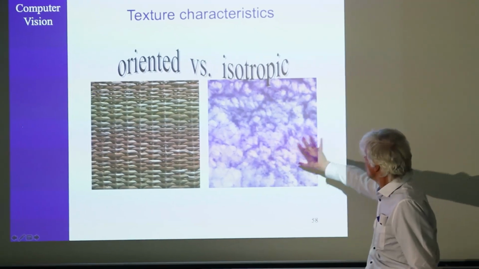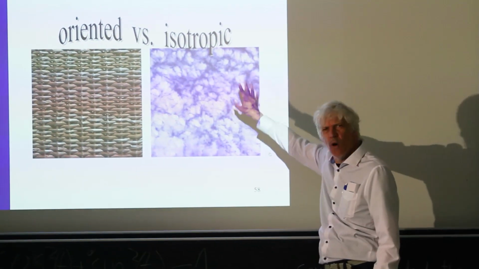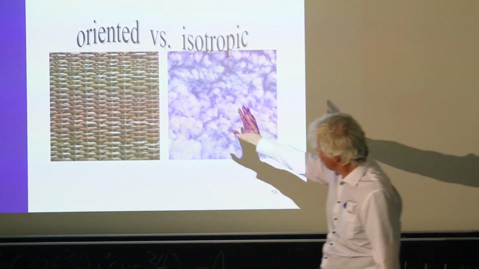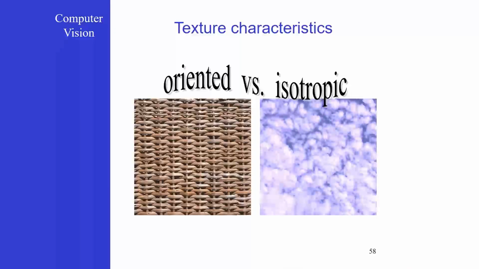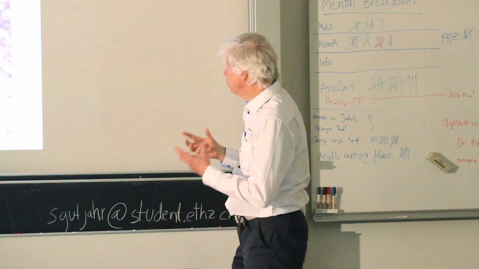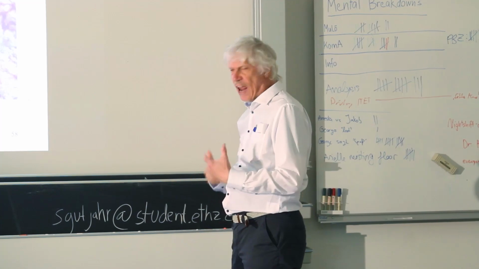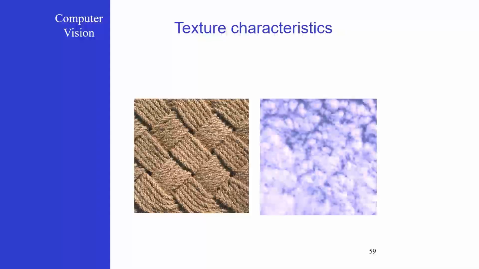Whereas here there's no really dominant orientation at all. So these clouds have all kinds of orientations for their edges. So that would be a rather oriented texture, and that's a more isotropic texture, meaning all the orientations are equally present. Okay, so the level of orientedness could be a first kind of characteristic by which we try to describe a texture.